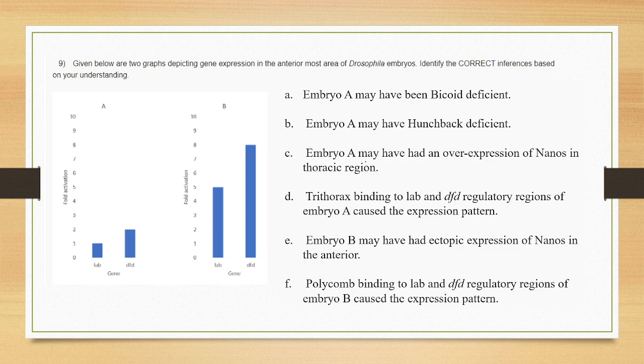C, embryo A may have had an overexpression of nanos in the thoracic region. D, trithorax binding to lab and DFD regulatory regions of embryo A caused the expression pattern. E, embryo B may have had ectopic expression of nanos in the anterior. And F, polycomb binding to lab and DFD regulatory regions of embryo B caused the expression pattern.